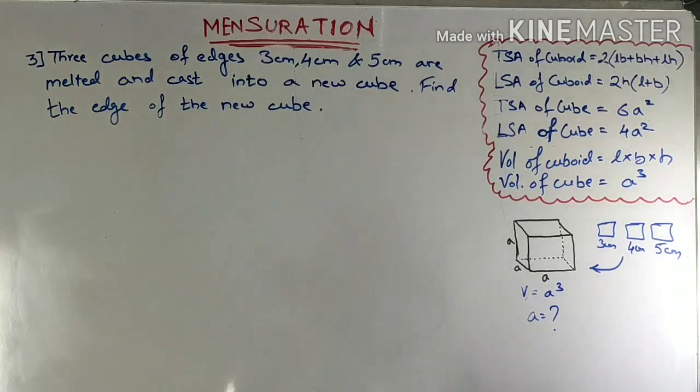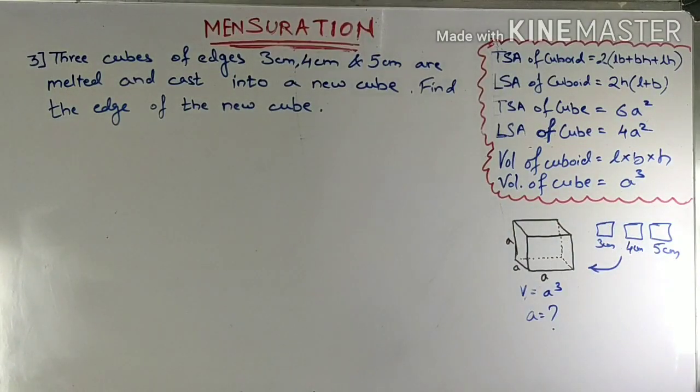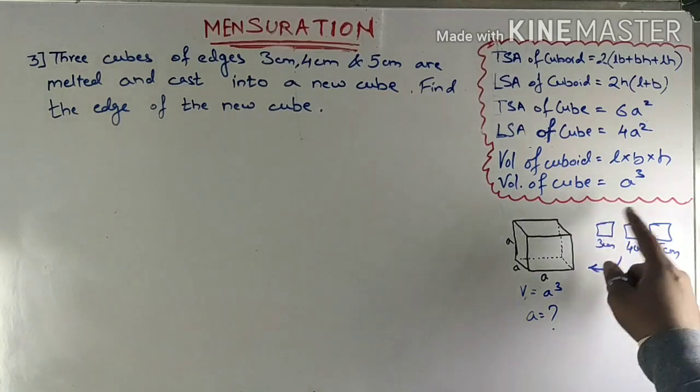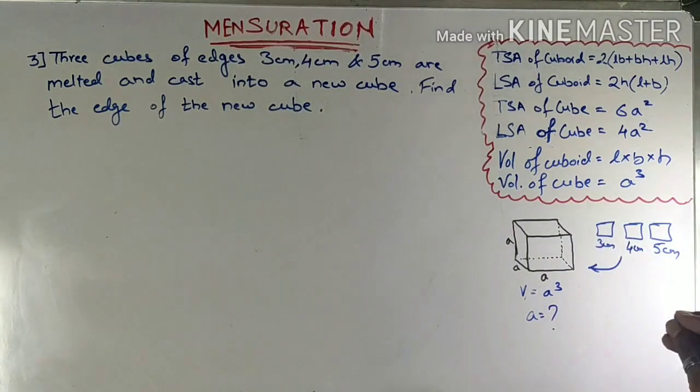So you need to think what quantity will remain the same when I am melting it and casting it into a new cube. So obviously my surface area will not remain the same. It's not always that the surface area will remain the same.